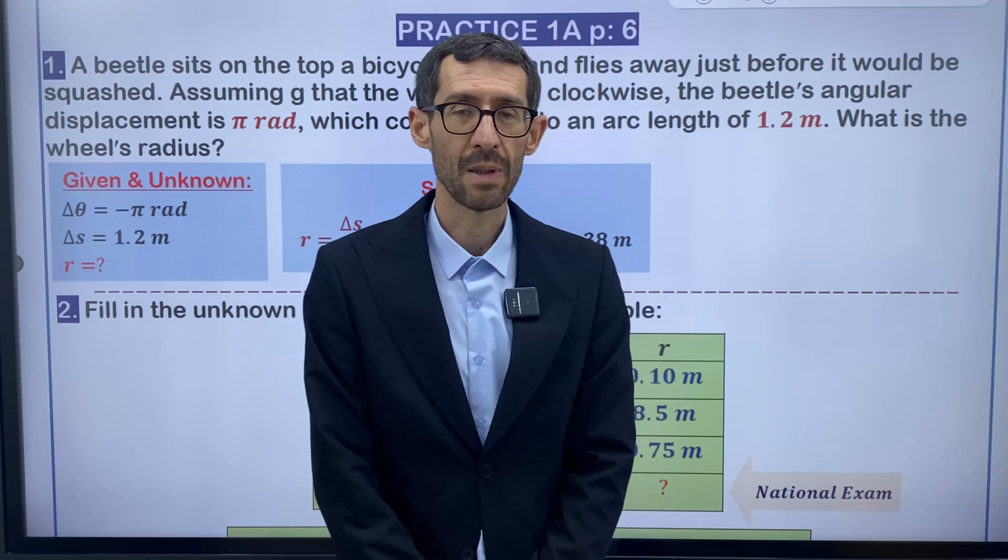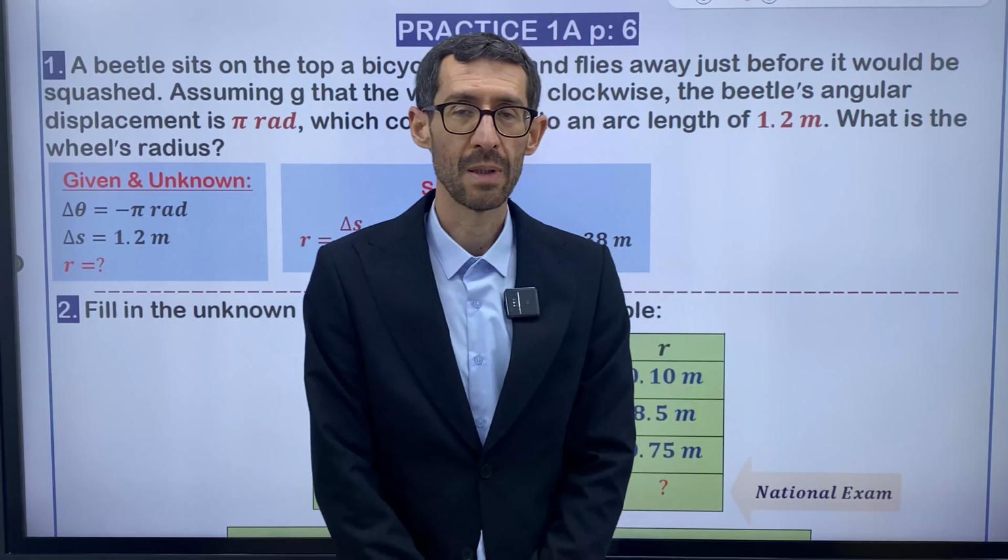This table is given to us for finding delta theta here, delta s here, and delta theta here as well. And the last option, which is a question of the national exam, we look for R. Let's solve them one by one.